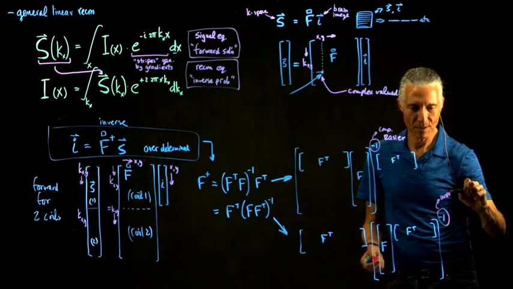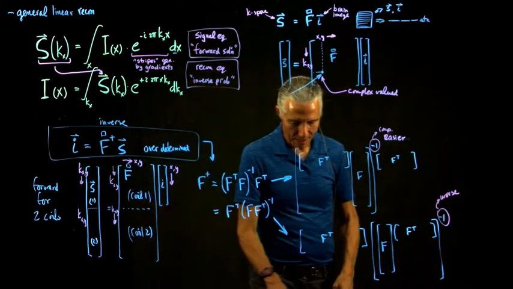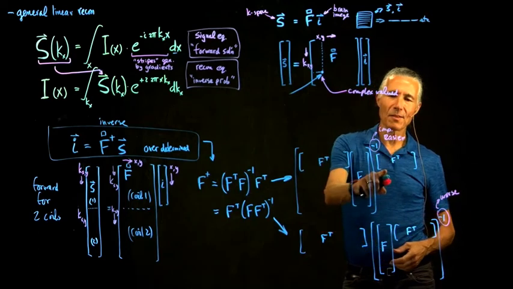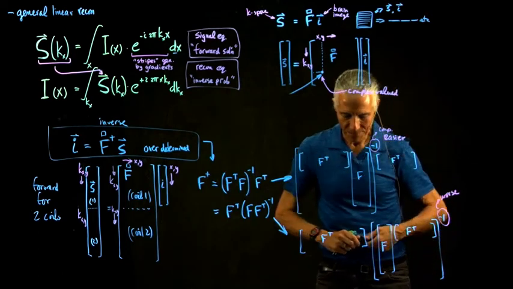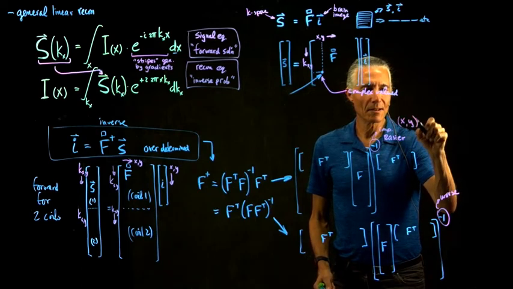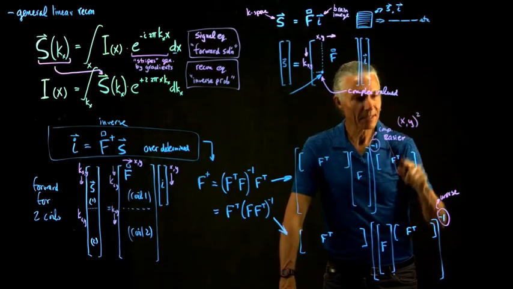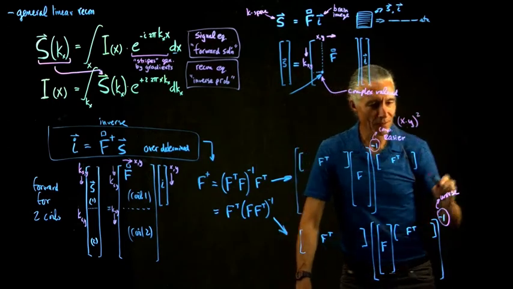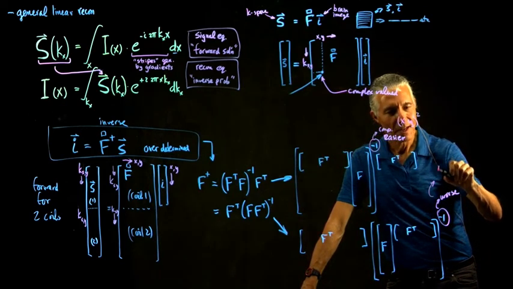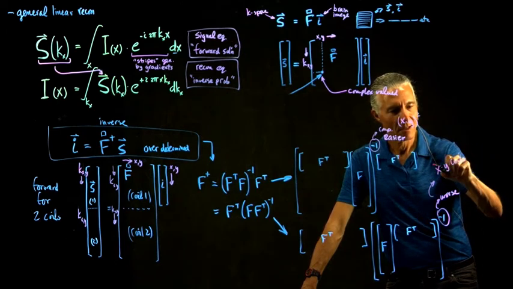Worse. And how much worse is it? It's really worse, because basically this inverse is inverting something that has x times y squared. This inverse is inverting something that has x times y times coils squared.